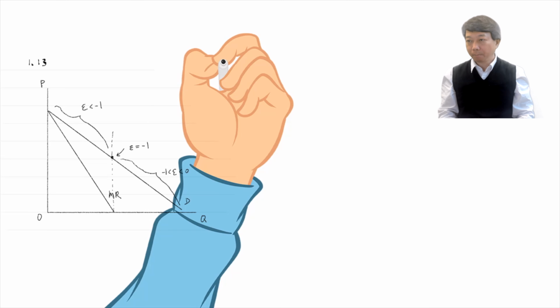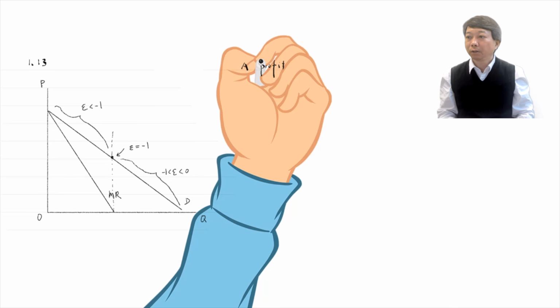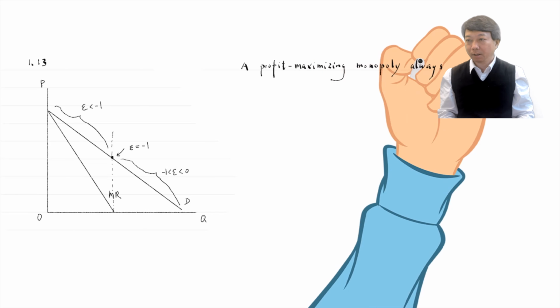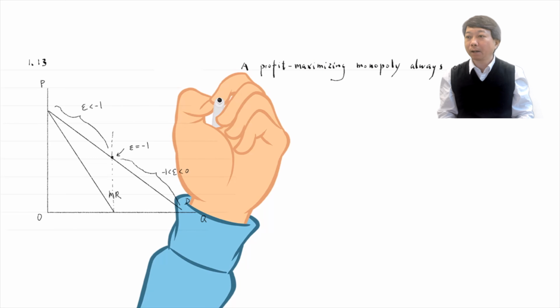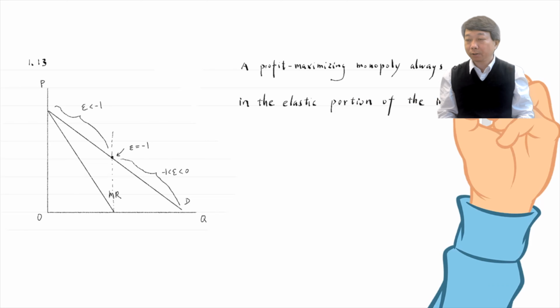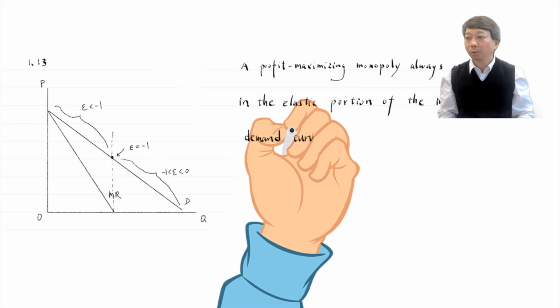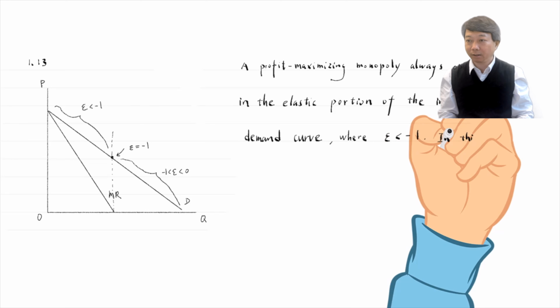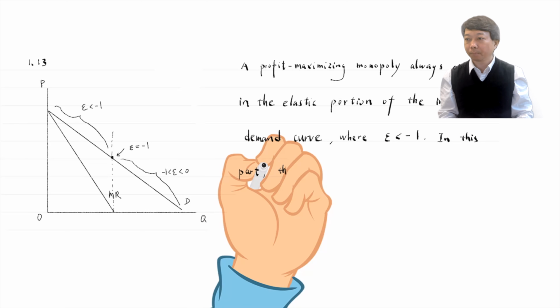A profit-maximizing monopoly always operates in the elastic portion of the inverse demand curve, where the elasticity is less than -1. In this part, the marginal revenue is positive and equal to the marginal cost at the optimal output level.